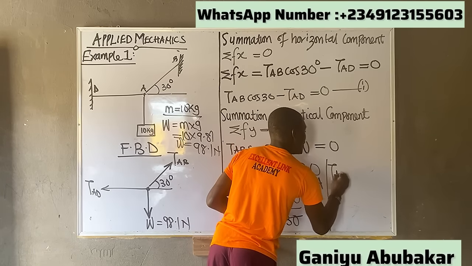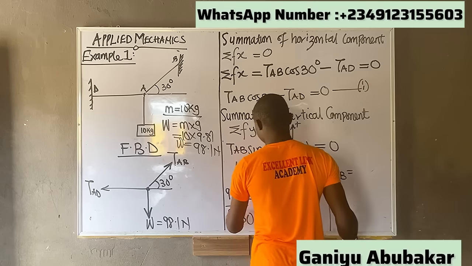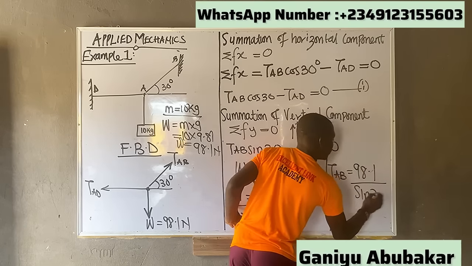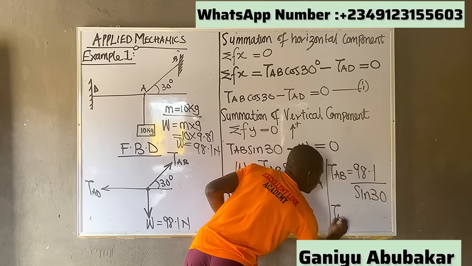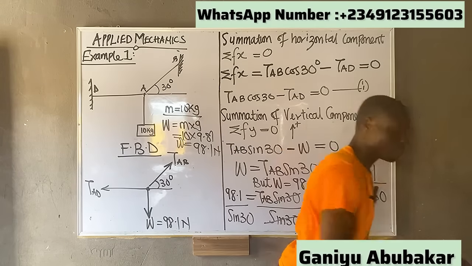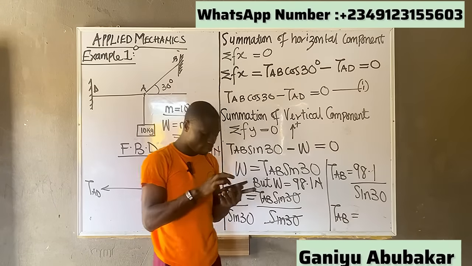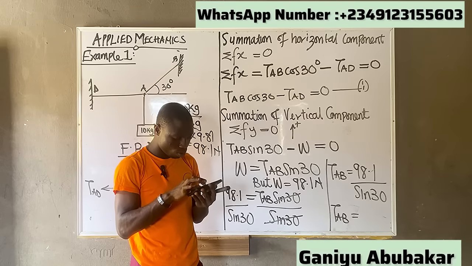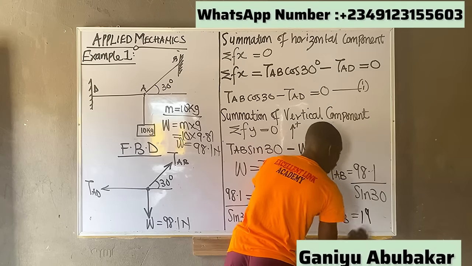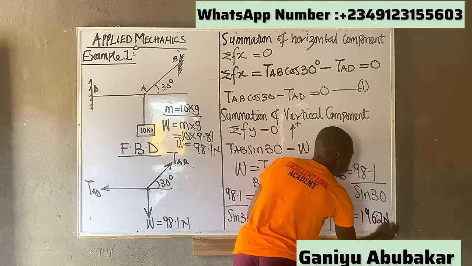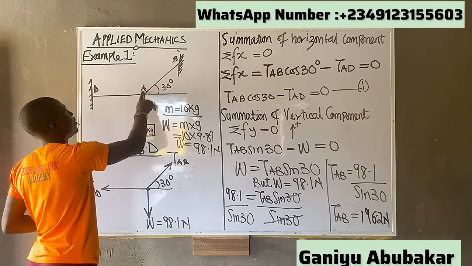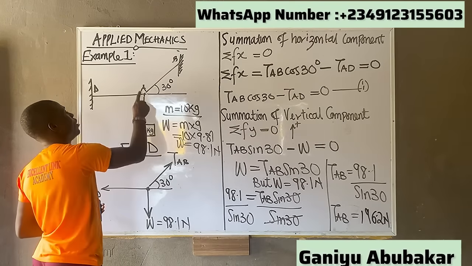So TAB will be equal to 98.1 over sine 30. If I punch this on the calculator, that gives about 196.2 Newtons. That is the value for TAB, the tension at AB.